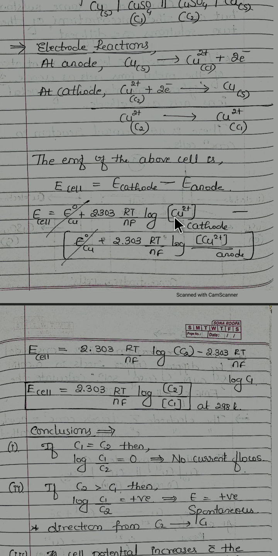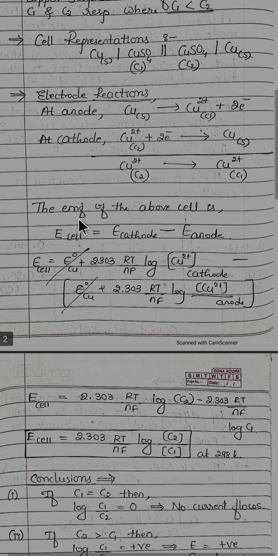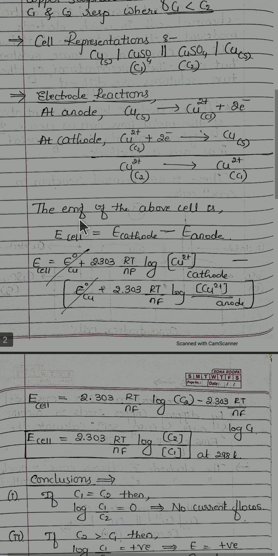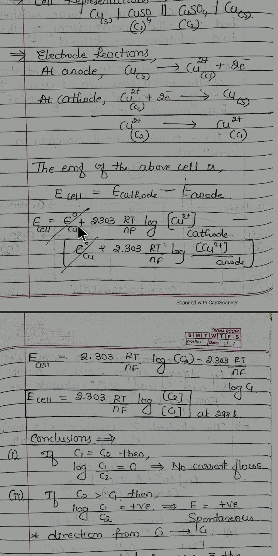So Cu2+ is in the denominator, and when it moves to the numerator it carries a minus sign, and this minus will become positive. Please note this: I have directly written E naught of Cu plus 2.303 RT divided by NF log of the metal ion concentration Cu2+ at the cathode, and the leading minus stays as it is.